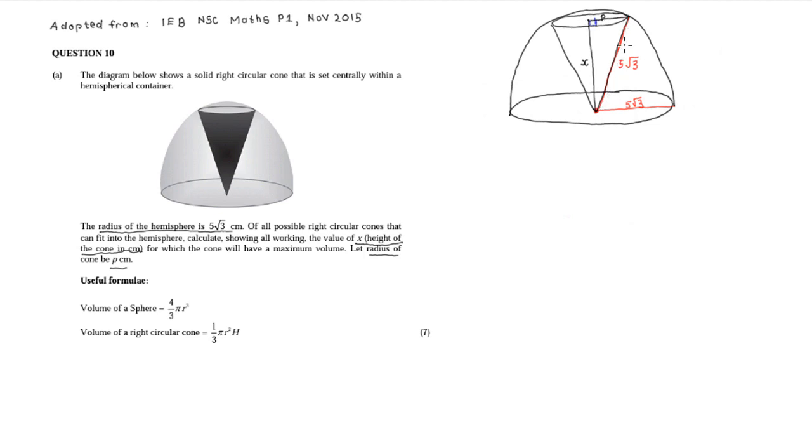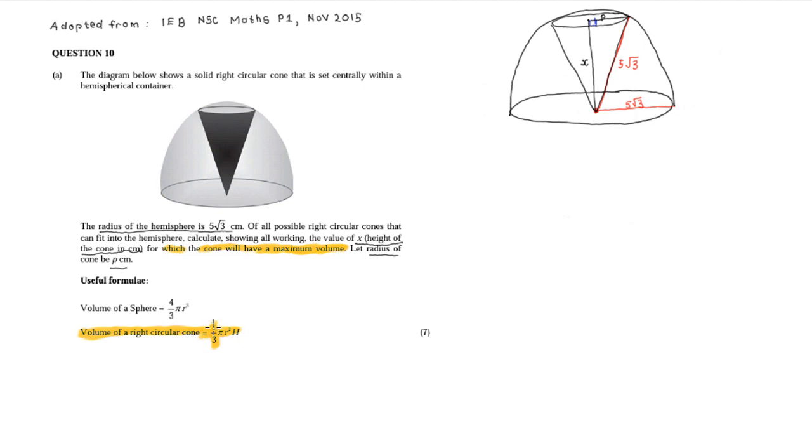Now we go back to our question and see that what they want us to do is find the maximum volume of the cone. So which cone will have a maximum volume? Our optimization equation is the volume of the cone, and we're given that the volume of a right circular cone is 1/3 pi r squared times h.